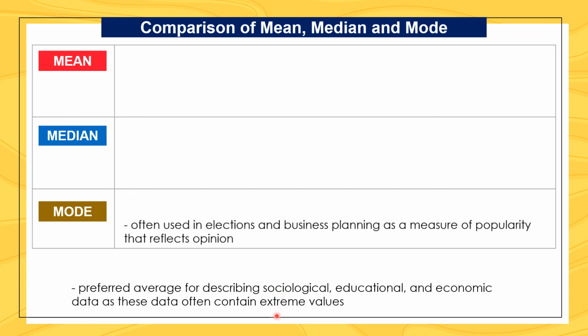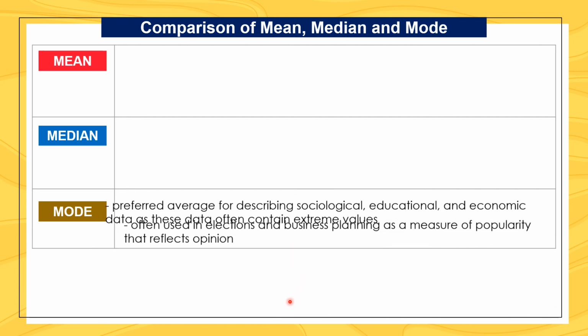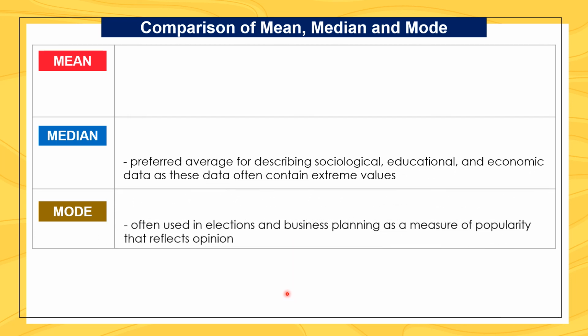So, what is the most appropriate measure of central tendency for this? Okay, again, it contains extreme values, meaning malayo sa isa't isa. So we use, of course, the median. If you can still recall the example for the employees in a restaurant, right? So we got extreme values there, yung sa chef and sa manager.